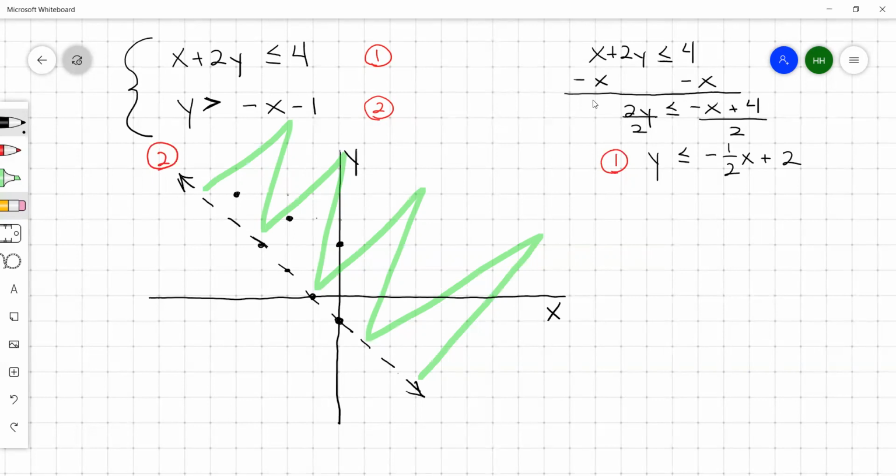That line goes right through here. It is less than or equal to. So the or equal to made it a solid line. And look, we're going to be shading the bottom of that line. So the bottom of that line is everything down here.